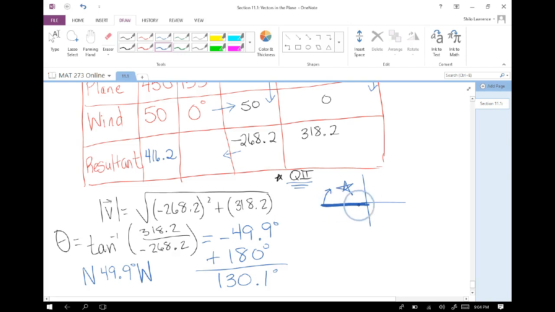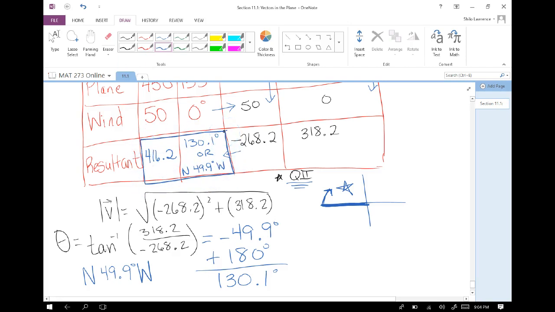So from the west line, we need to move north 49.9 degrees. So that's another way you might see this written. Either one is perfectly fine. It changes from problem to problem. And that is our final answer.